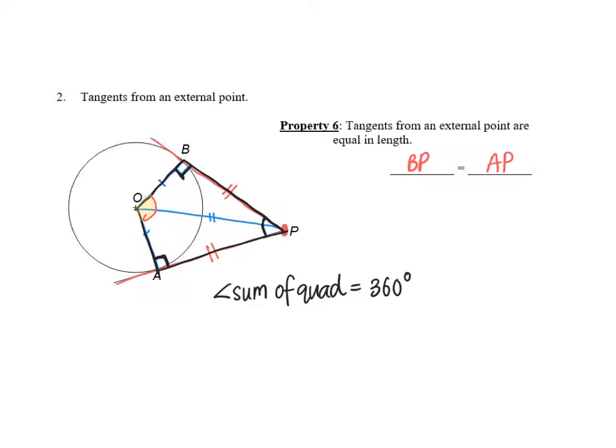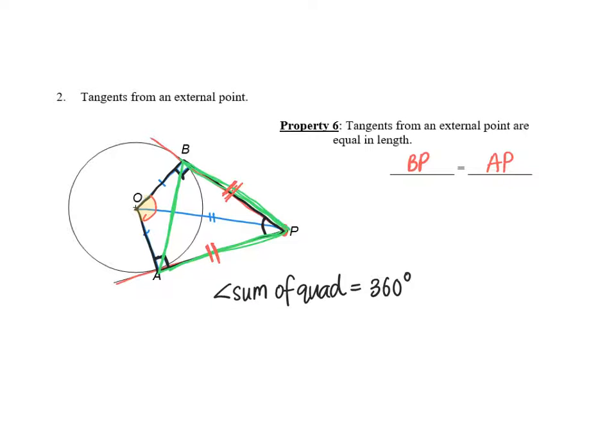The second spin-off from this property is, if I were to draw a line from B to A, I will have another different triangle, ABP. What do you notice about this triangle? The two tangents over here are equal.